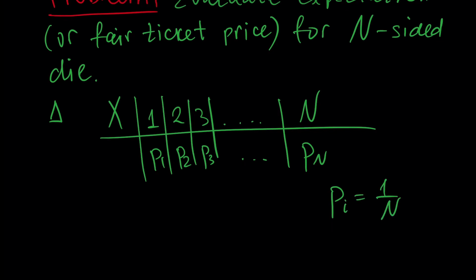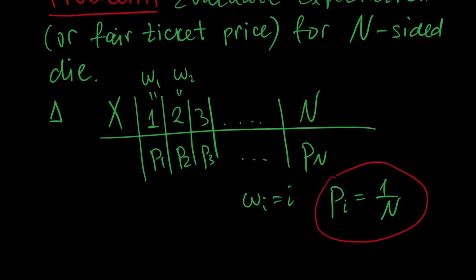The outcome omega i is i. So in other words, we have i dots on the upturned face of a die with probability pi, which is 1 over n.